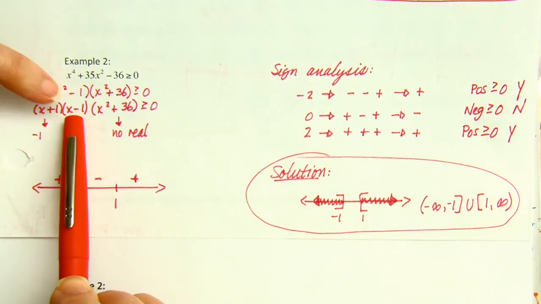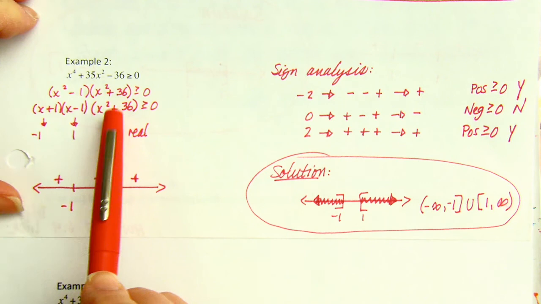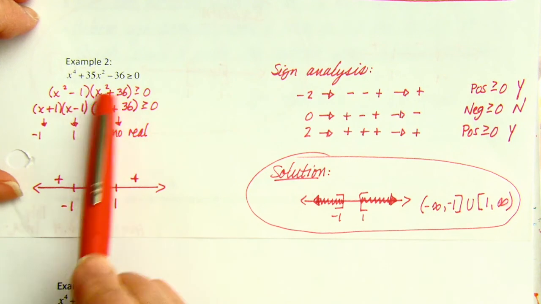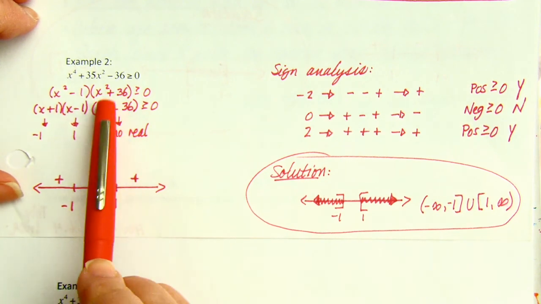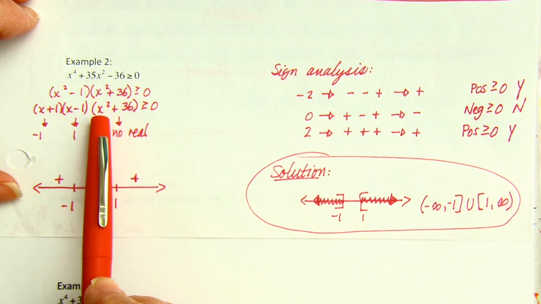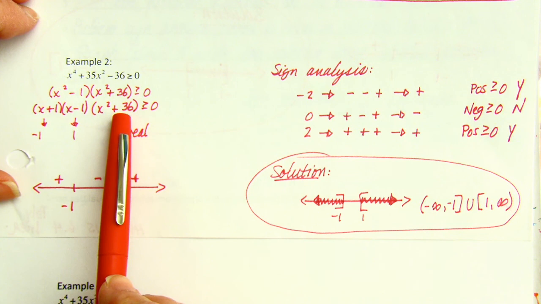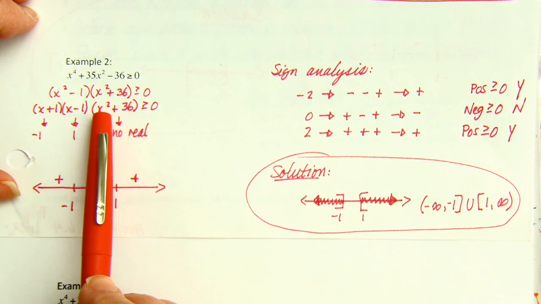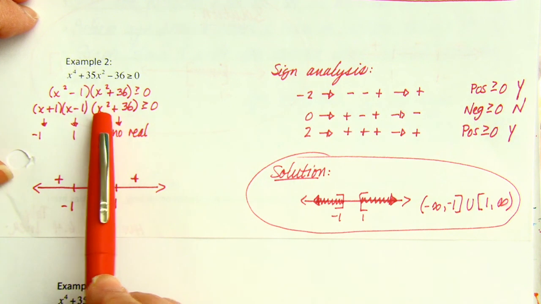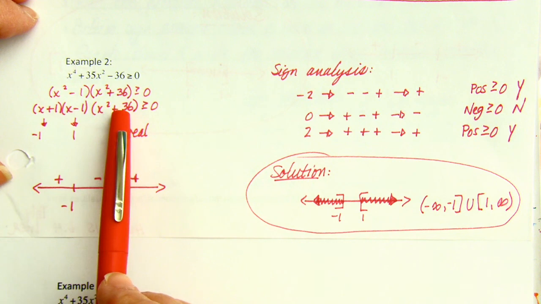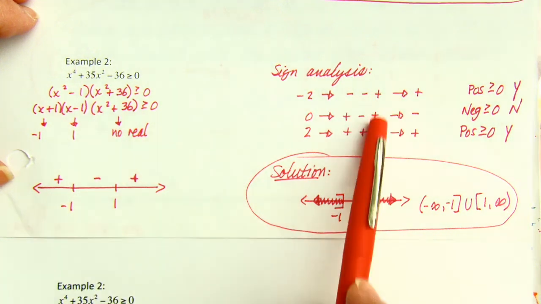That one's negative. But guess what? This is never going to be negative. Folks, any number that you put in here for x and you square it is going to be positive. And then when you add 36 to it, it's still going to be positive. Even if you put 0 in for x and square 0, that's 0 plus 36. It's still positive. So for this piece right here, it's always going to be positive.